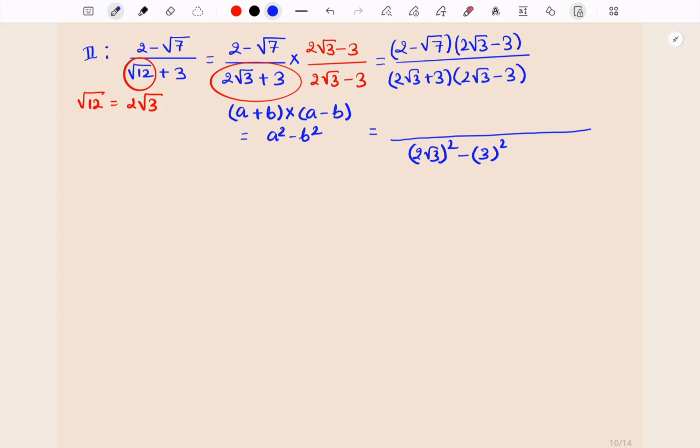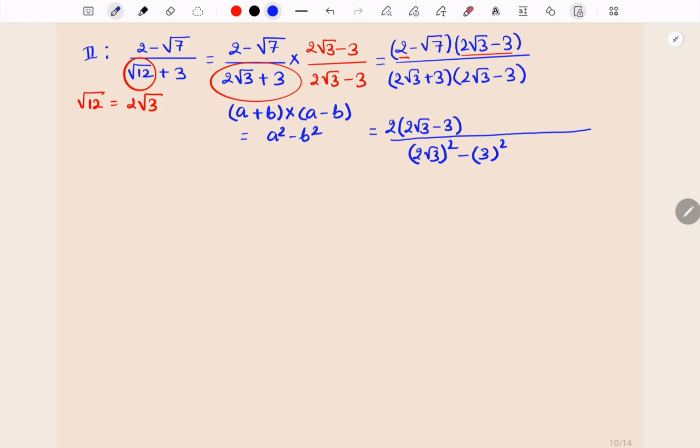What about the numerator? In the numerator, we need to multiply these two brackets, and in the previous example we saw that we use the law of distribution to multiply in such cases. So first we will take 2 and multiply it with 2 root 3 minus 3.